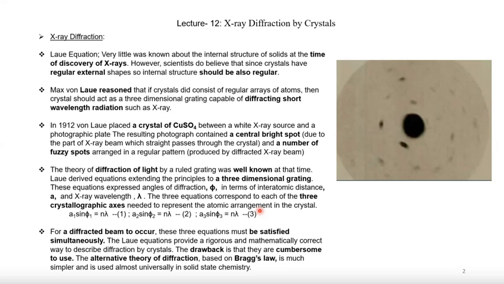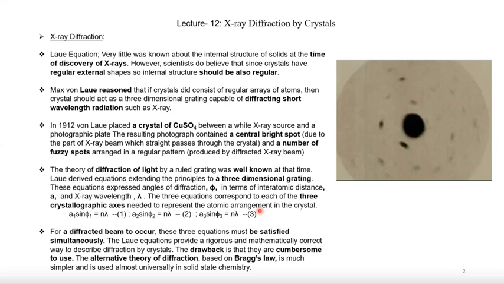But a big drawback was that it is very cumbersome to use all three equations and find out the structure of the crystals, as well as the mathematical manipulation was a little bit cumbersome too.